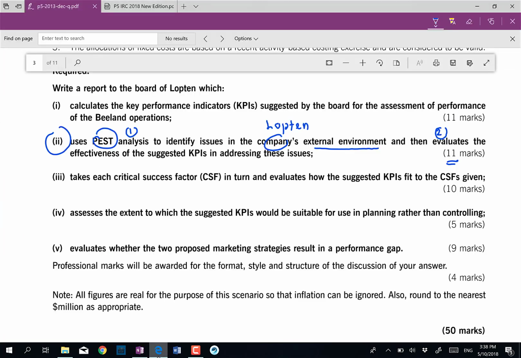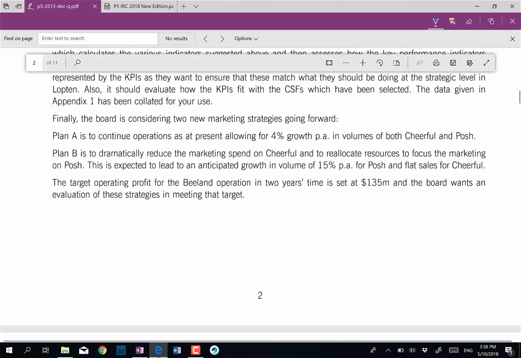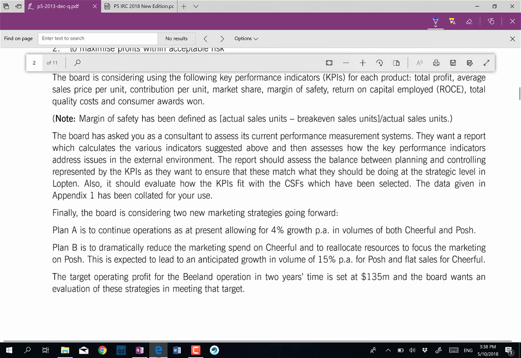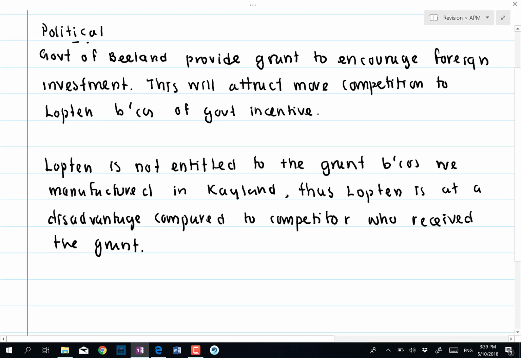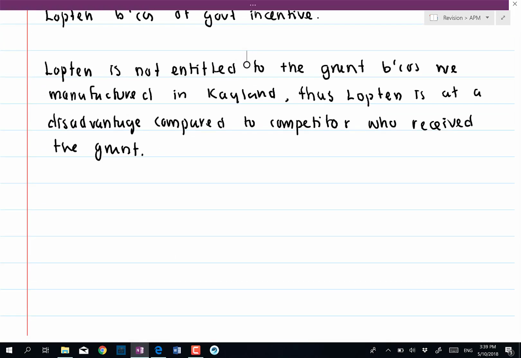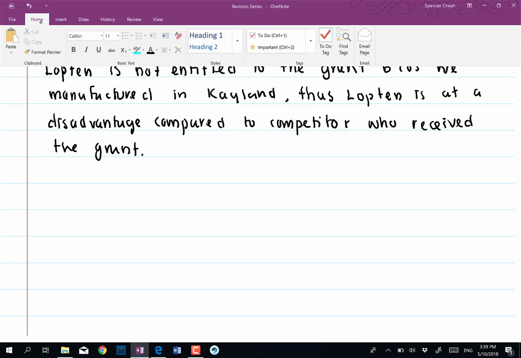Now, number 2, evaluate the effectiveness of the suggested KPI in addressing this issue. You have a long list of KPIs provided over here, such as total profits, average sales price, and so on. At a glance, none of the KPIs are related.